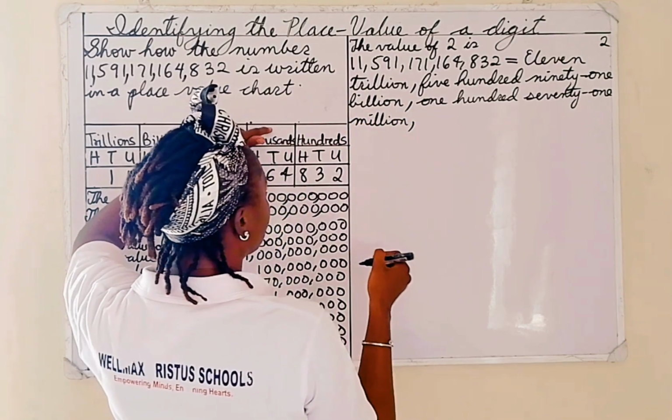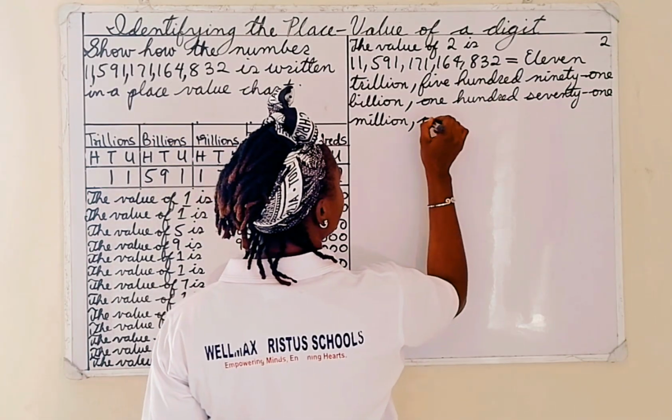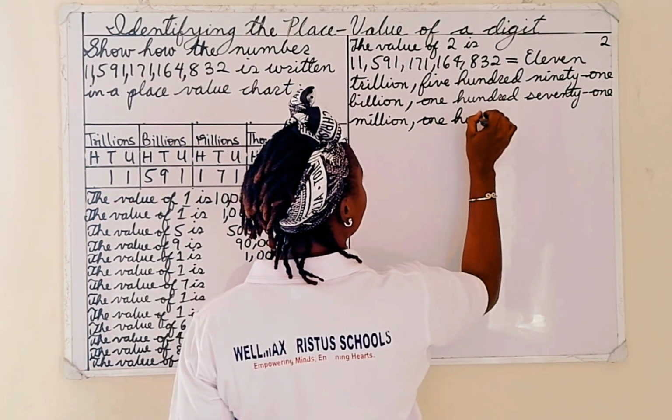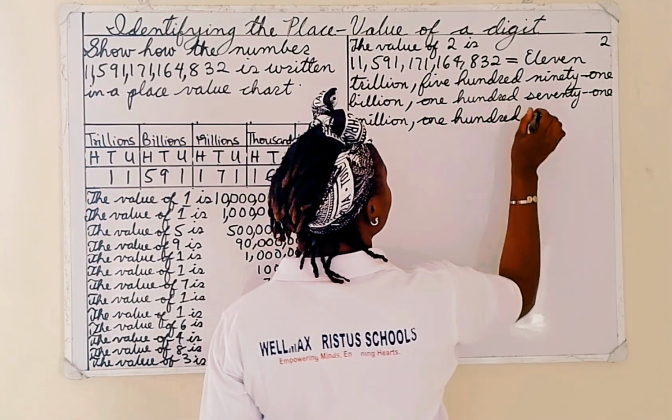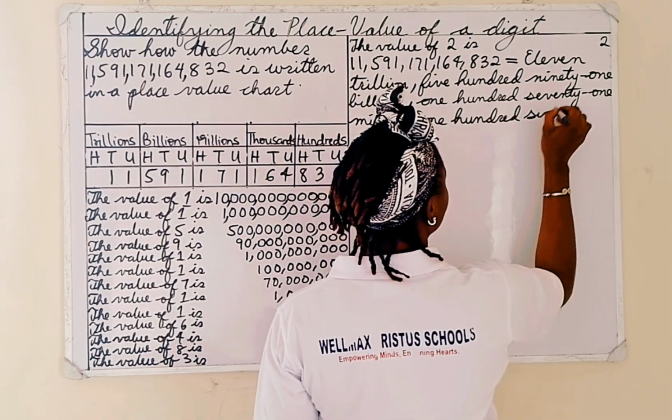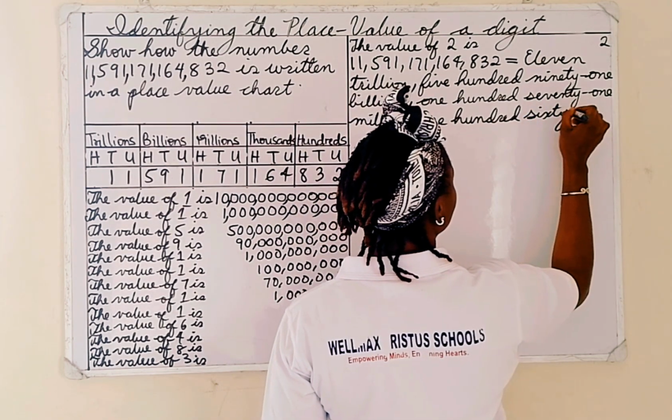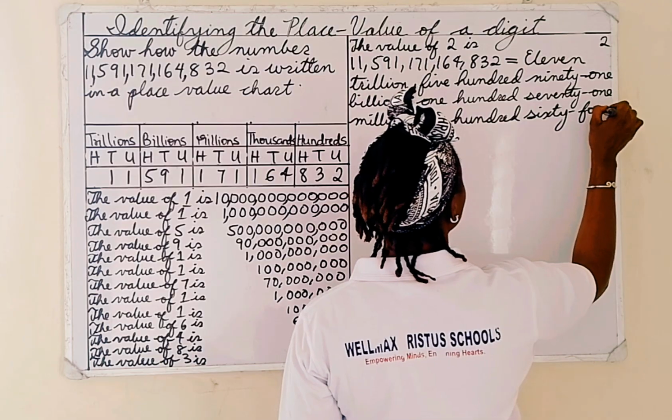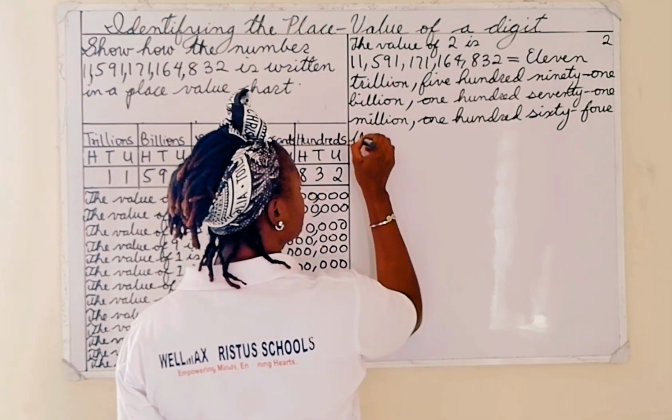Then the next one, moving to thousand, 164,000.